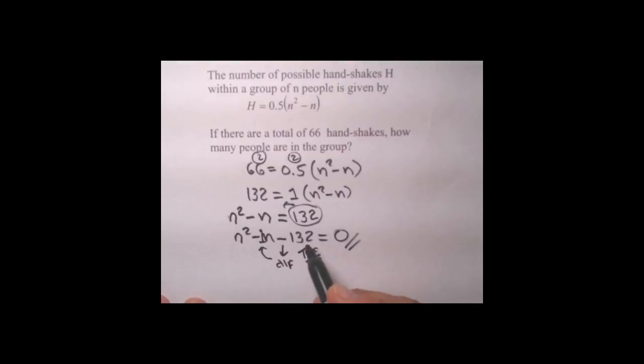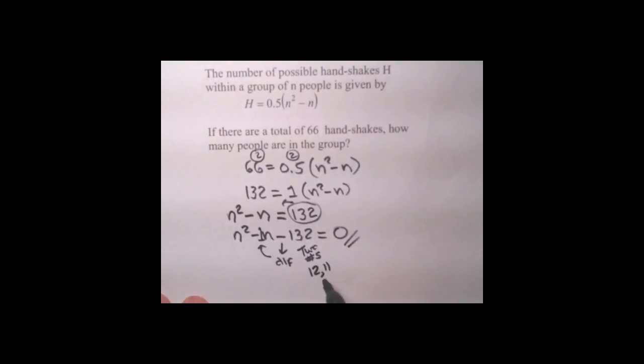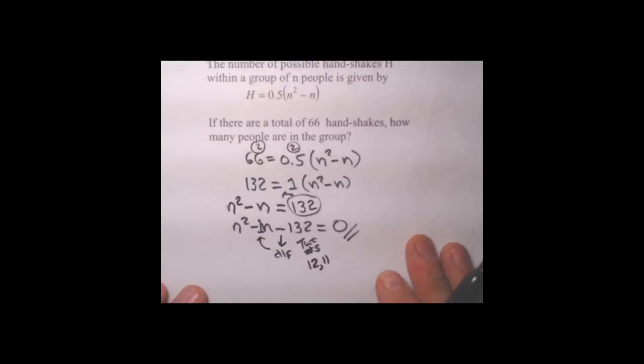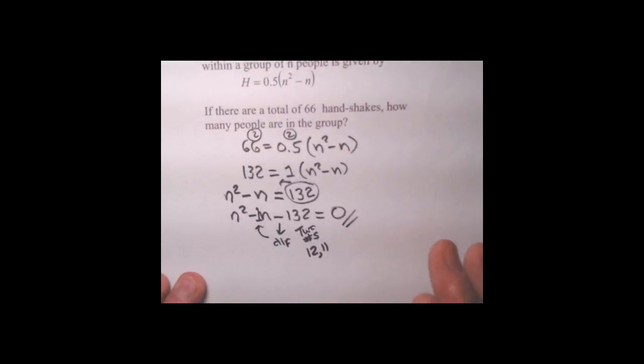What are two numbers multiplied together that give us 132? How about 12 times 11? Let's check: 12 times 11, that'd be 120, 12, 132. That's good.